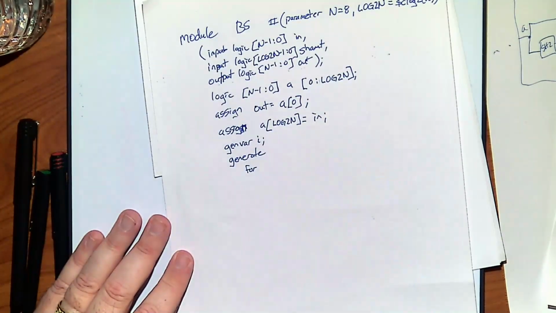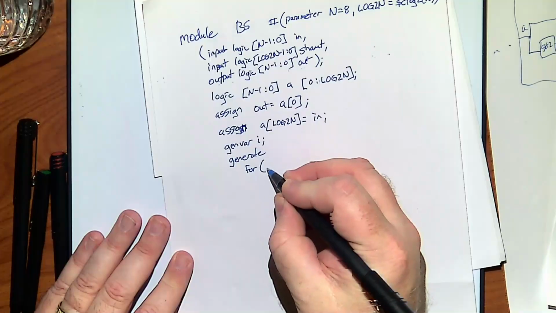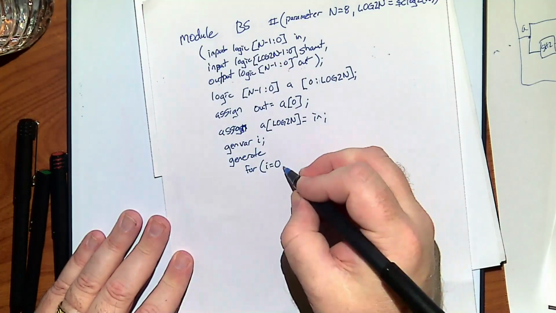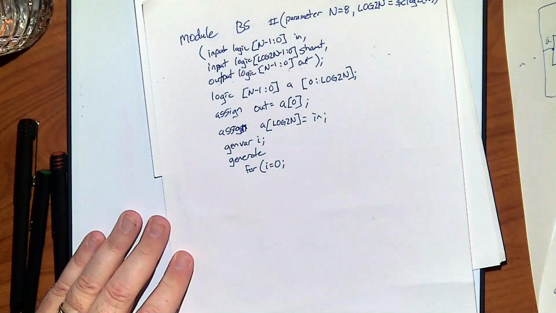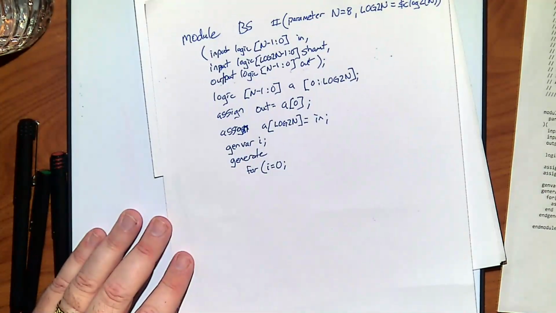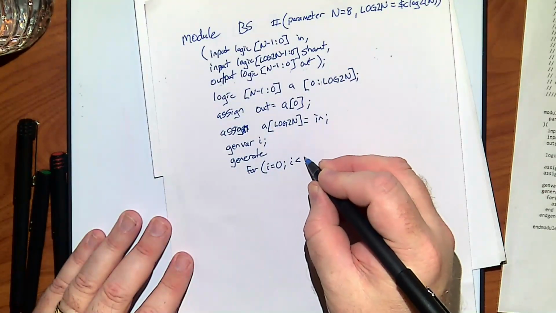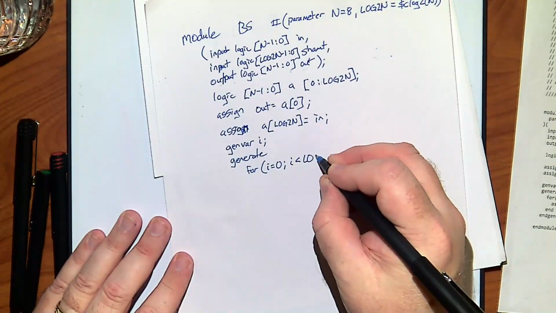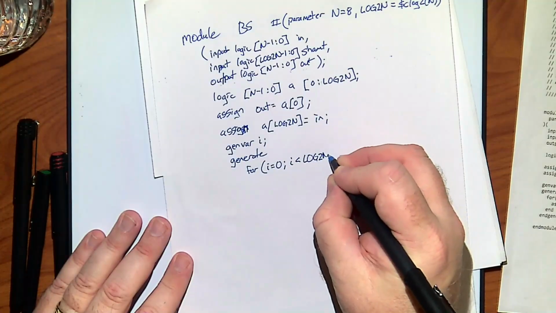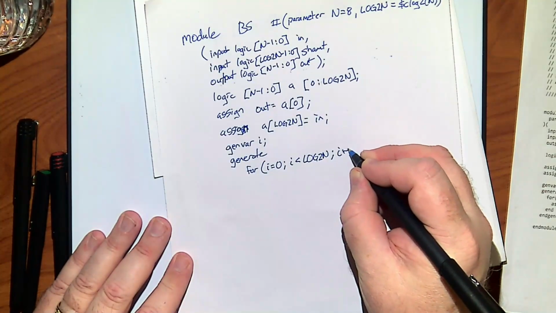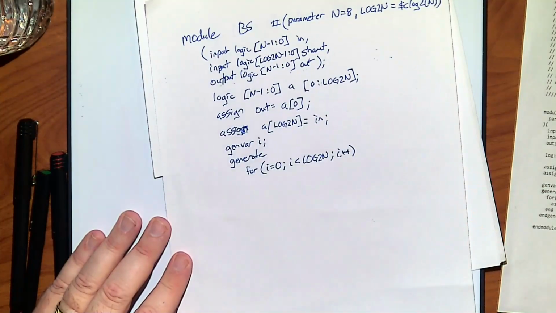So we're going to do a for loop, and I need my i to start at 0. And now I want my i to build up to whatever that log 2 size is. So i less than log 2 n, and then i plus plus. Fair?